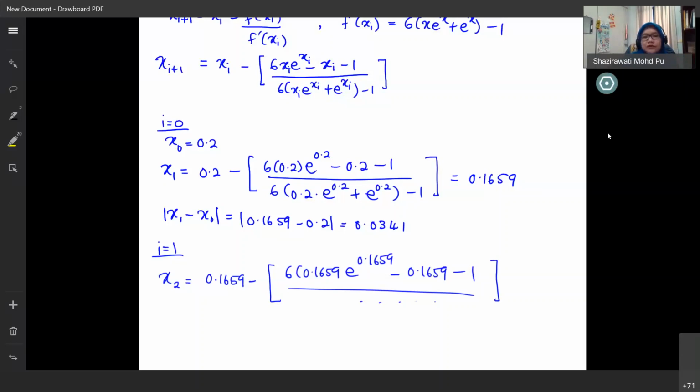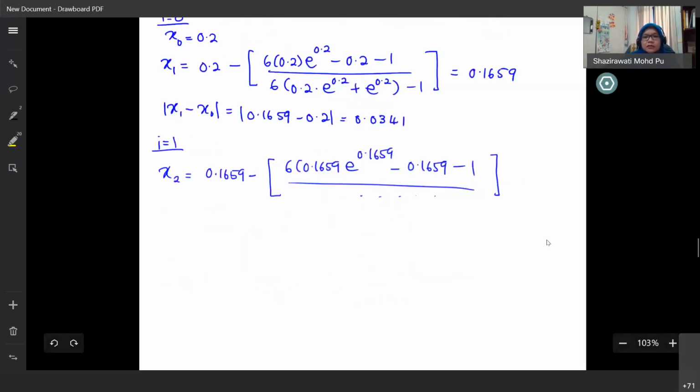This is how you do the manual calculation, which I think can be improved, or you can be faster if you utilize your calculator, because you are actually using only one equation.